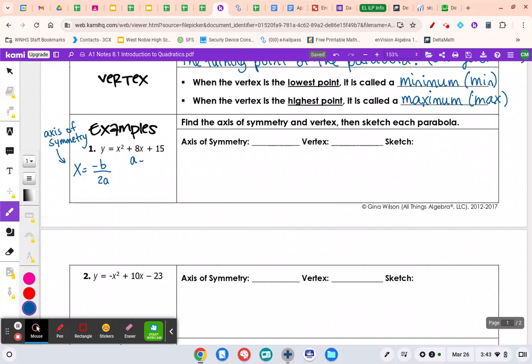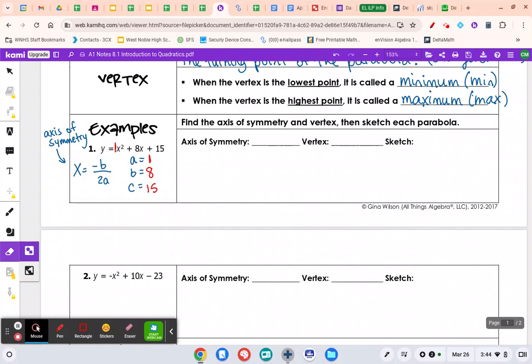We're going to, in this chapter, write out a ton of times what A equals, what B equals, what C equals. This problem, since it doesn't look like it's anything, is 1. Reminder, if you have a variable and there's no number in front, it's technically a 1. B is 8 and C is 15. They just go in order this way if it is in standard form. If it's not in standard form, you need to put it in standard form so that way you can figure out what A, B, and C are.